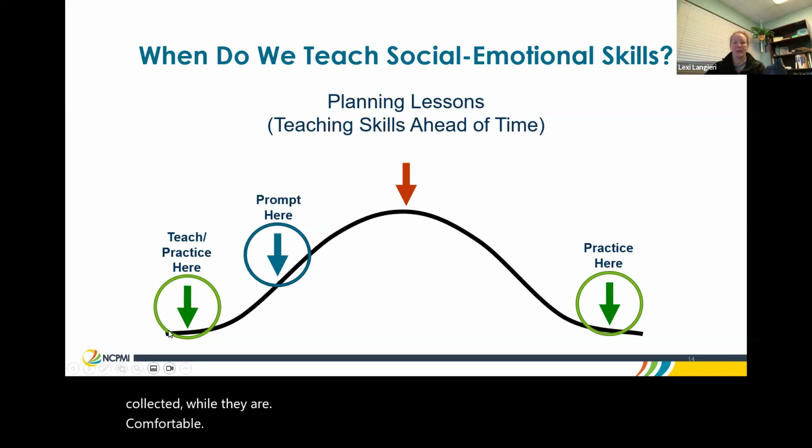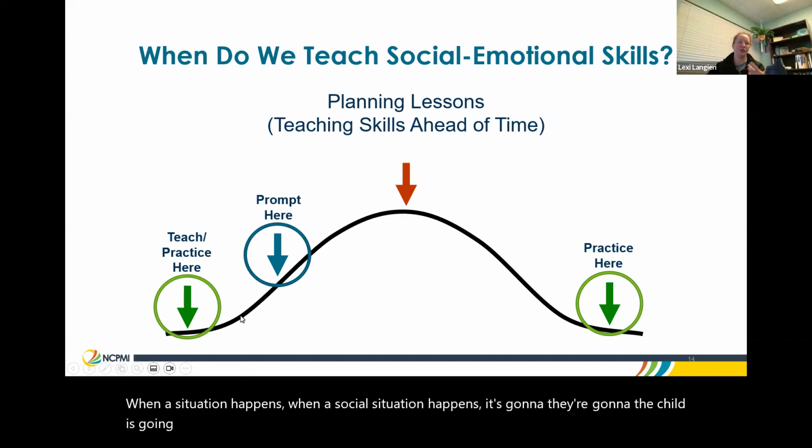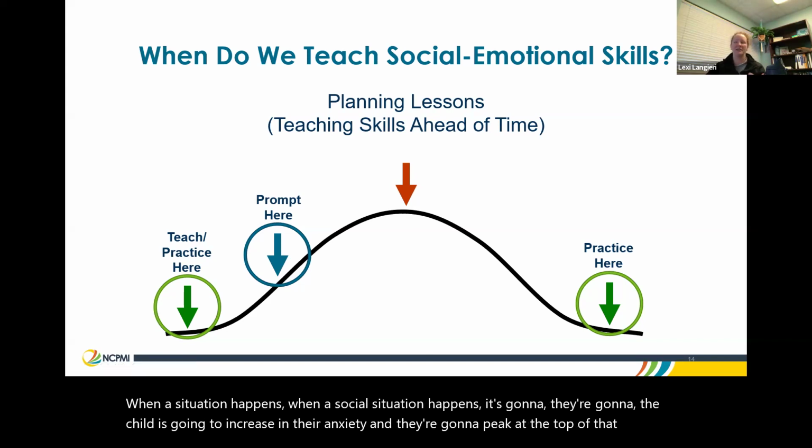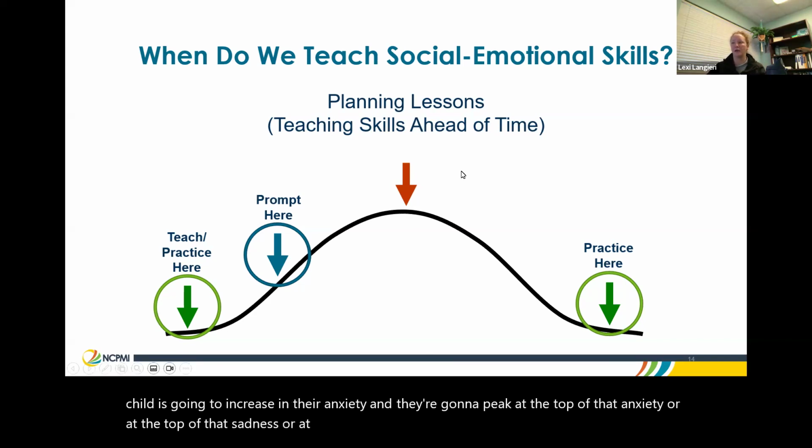When a social situation happens, the child is going to increase in their anxiety, and they're going to peak at the top of that anxiety or at the top of that sadness or at the top of that anger, and then they're going to calm back down.